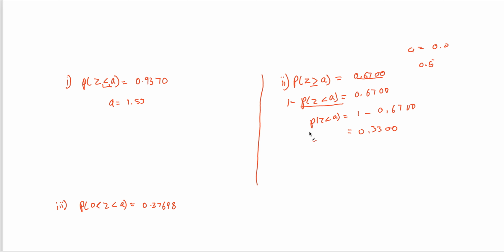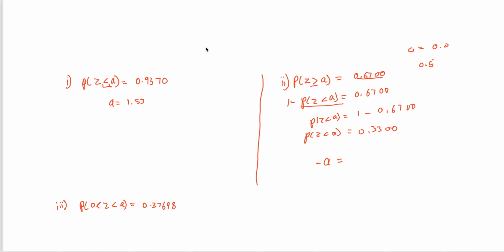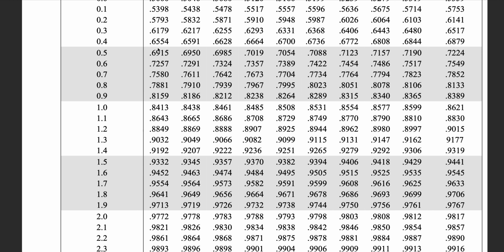0.330. Now we can see that this value of Z is less than 0.5. So we know that A will be negative. So we can say A will be negative, equal to the value that you get if you look at the Z table for 0.67, somewhere between this row there.